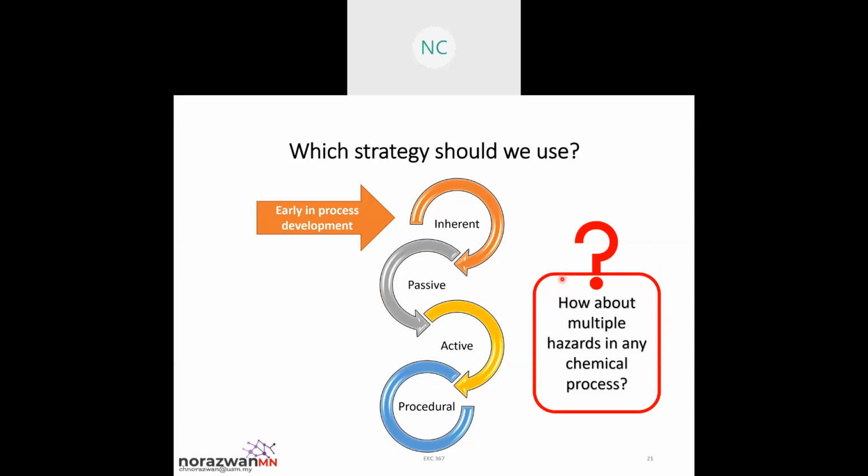When you are dealing with multiple hazards in a chemical process, the same strategy could be used. You try to apply the inherent, eliminate at least one or two hazards, then you can apply your passive, active, and procedural until you can minimize or reduce the impact of the hazard itself.